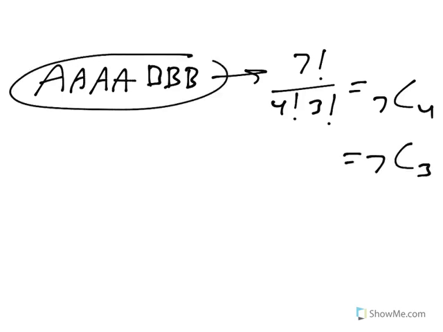When it's like this with only 2 different letters, it can be thought of as a combination because there are basically 7 positions, and I'm going to pick 4 of them to become A's. And the order doesn't matter.